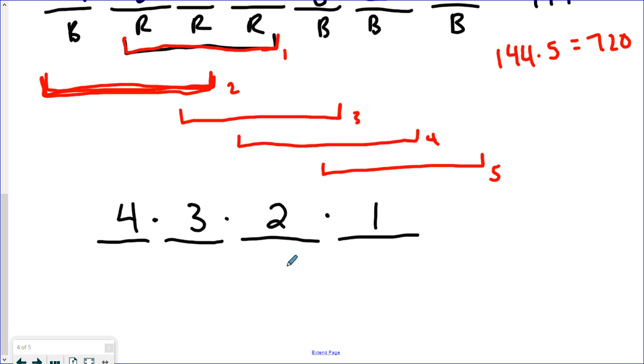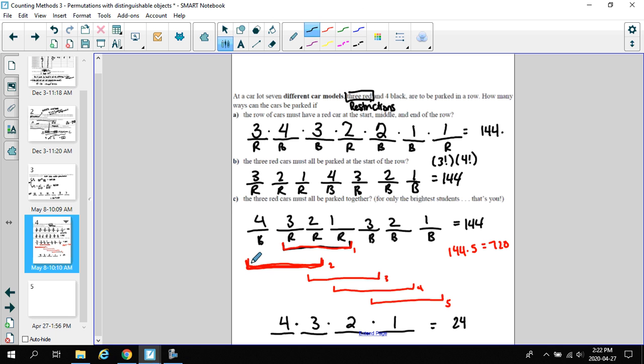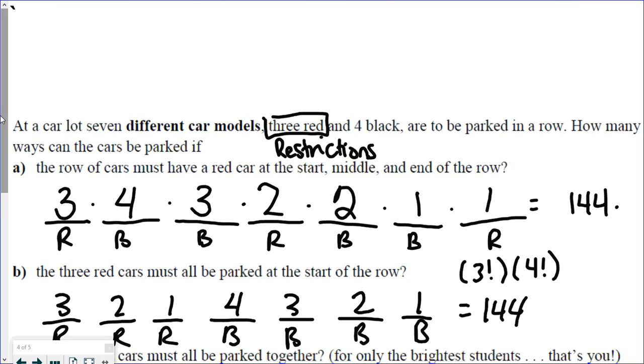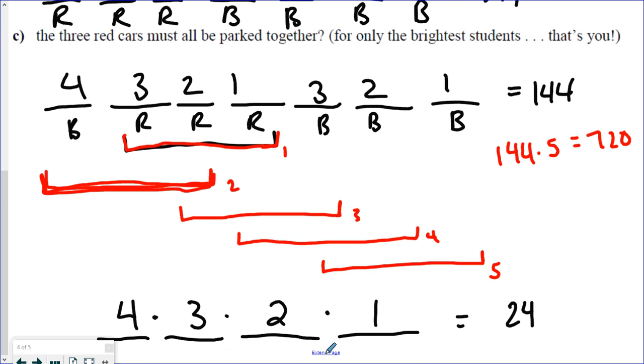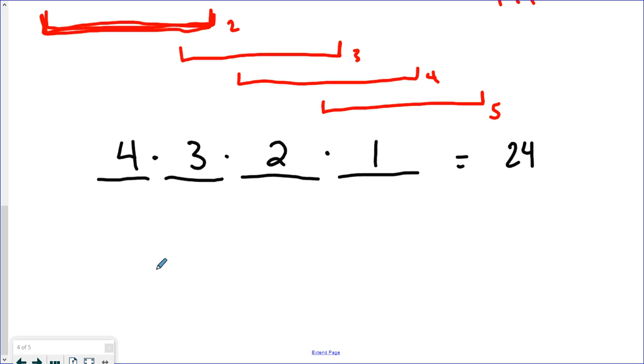So that's organizing our black cars. 4 times 3 times 2 times 1 is 24. I'm sure there's an easier way, and I'm sure you would be able to tell me if you were in front of me. Then we can think about arranging our red cars. So 3 times 2 times 1. We know they're going to be all together, but they can be in any order. So 3 times 2 times 1 is 6.